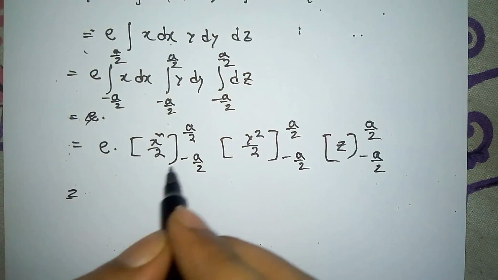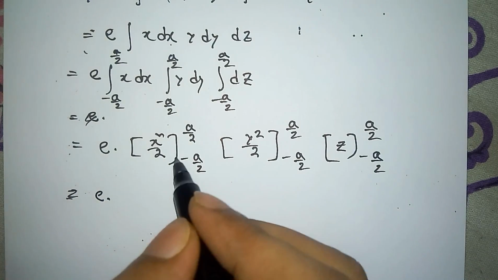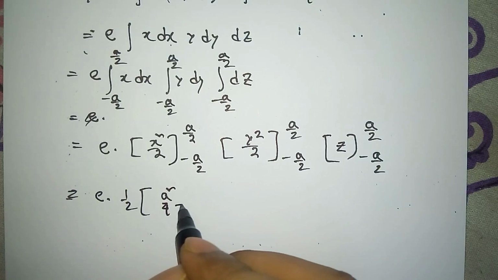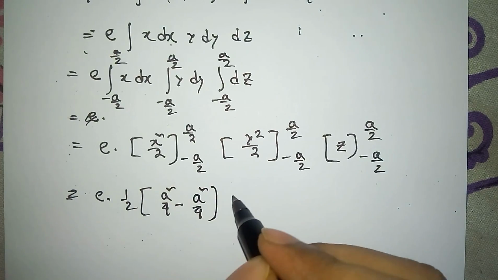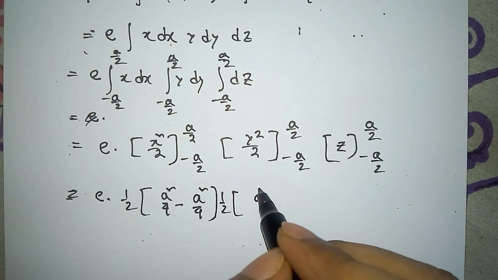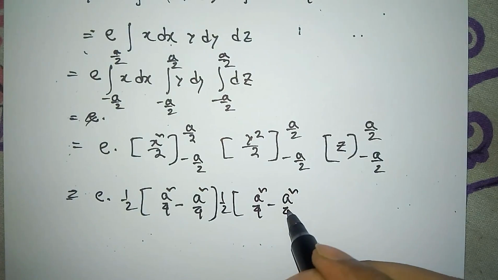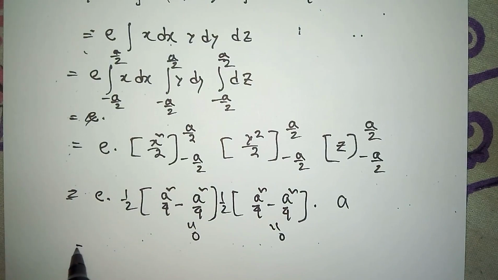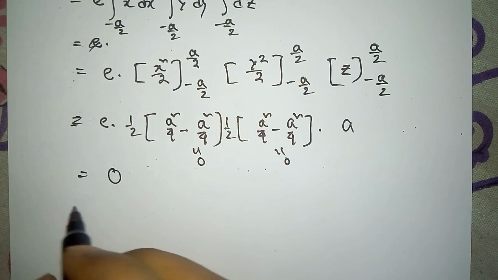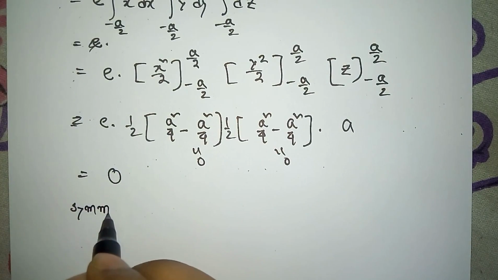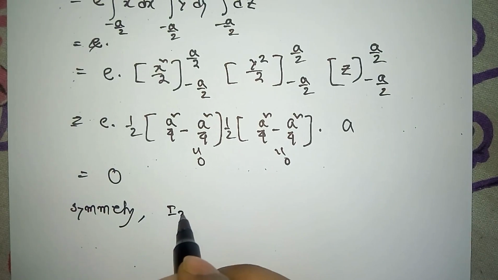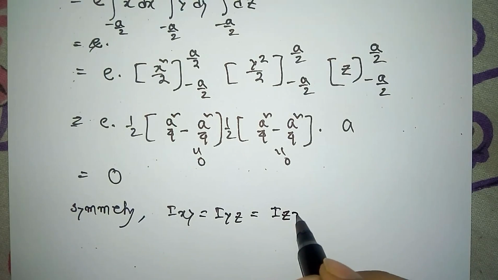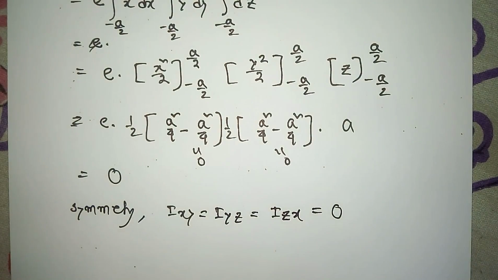Now we put the value of the integral: rho into half (a square by 4 minus a square by 4) into half (a square by 4 minus a square by 4) into a. This will be 0, this will be 0, so the total term will be 0. From the symmetry, Ixy equals Iyz equals Izx, obviously 0.